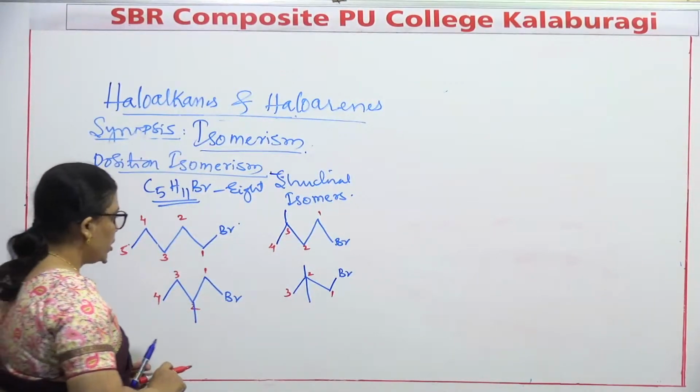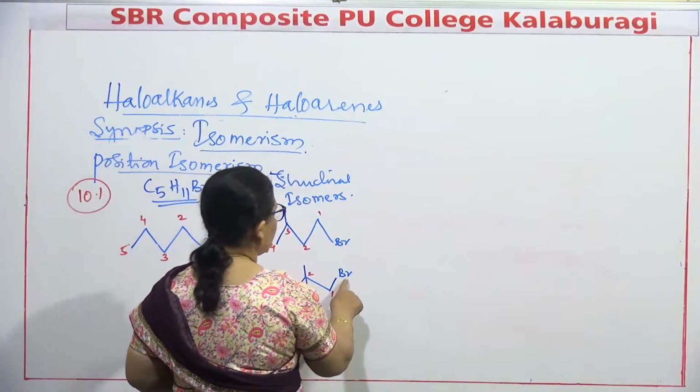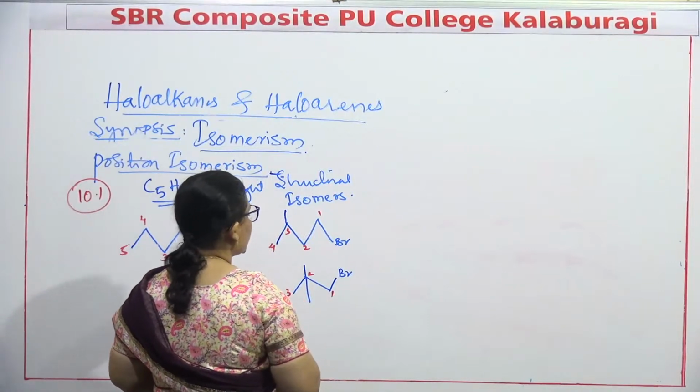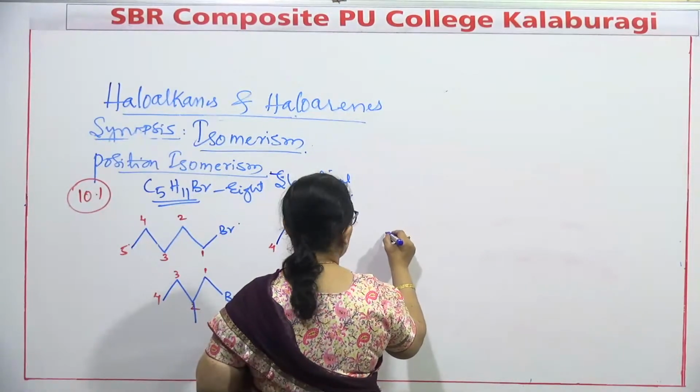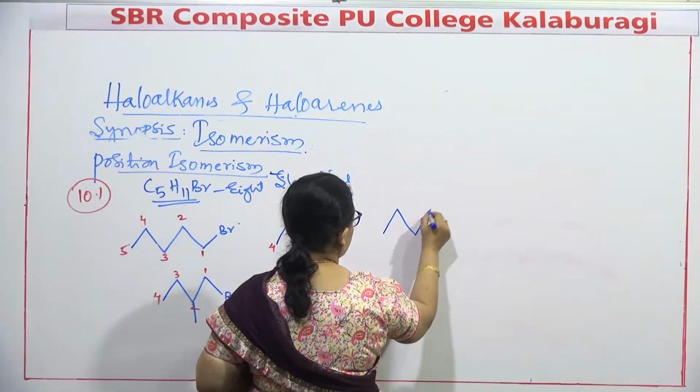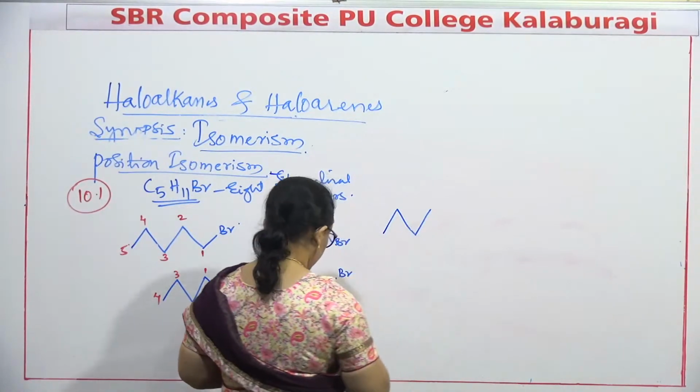Correct? Now, with respect to this one, first carbon atom, there is a halide. Now, if I am going to write a 4 carbon atom chain only, I will take 1, 2, 3, 4. Correct?